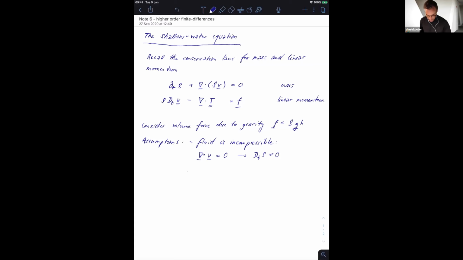And the second one is we look at a specific type of fluid, a so-called Newtonian fluid.